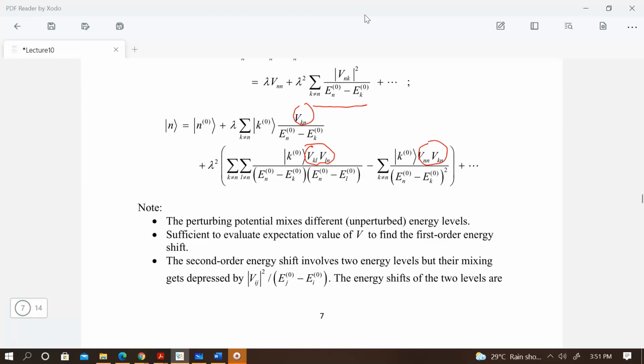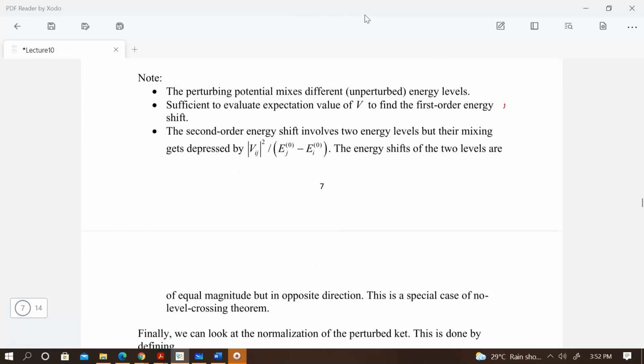Usually we evaluate expectation values of V up to first order, and then for the states, you go to second order to include some change of the unperturbed states.